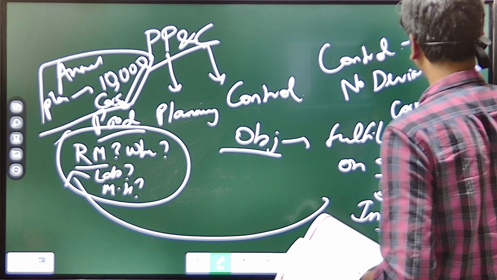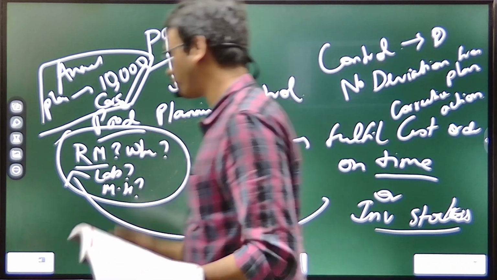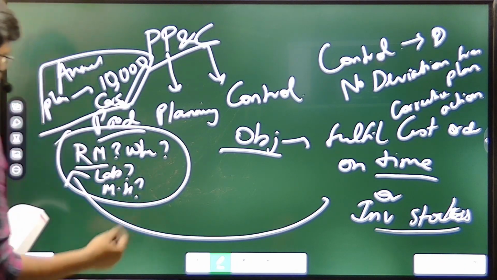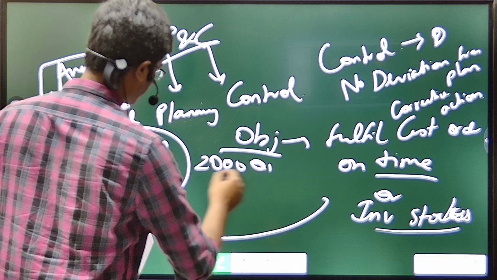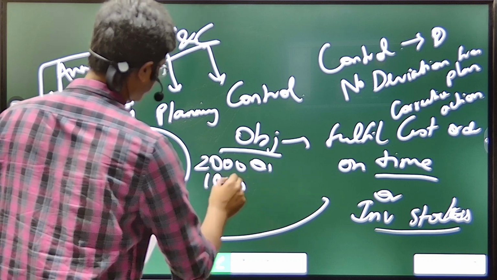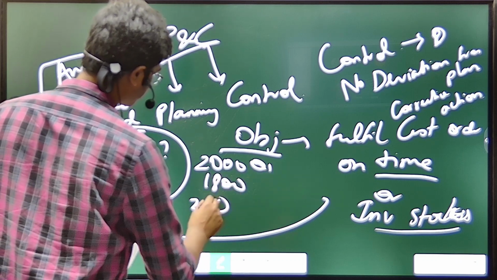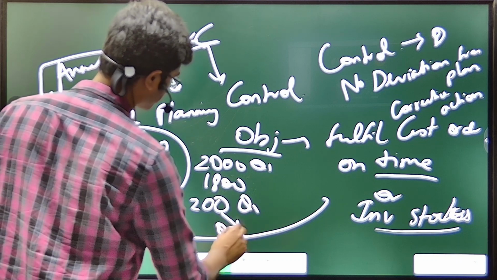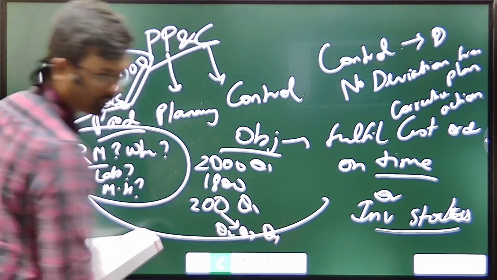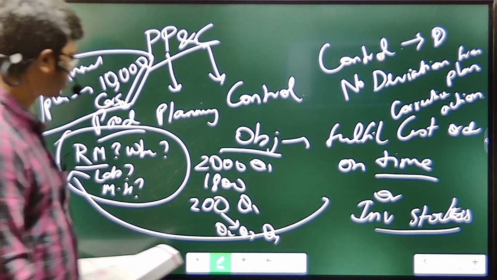So suppose you are falling behind on your first quarter. You have to manufacture say 2000 in your Q1, but you have only managed 1800. So now the corrective action will be the 200 which you have missed in Q1, you have to somehow make up in your rest of the quarters. So this is the control mechanism.